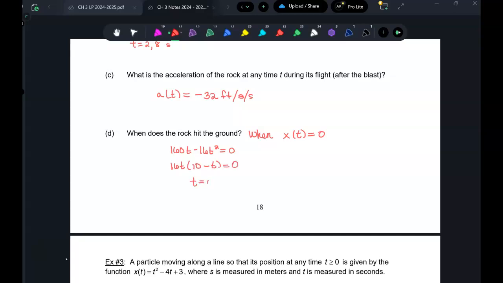So t equals 0 and 10 seconds. Specifically, when does it hit the ground? It makes sense that I got 0 and 10, because 0 was our starting point, so it's going to take 10 seconds. If you recall from the first question, we found it reached a maximum height at 5 seconds. Since this graph has symmetry to it, it makes sense that it's going to take 10 seconds.